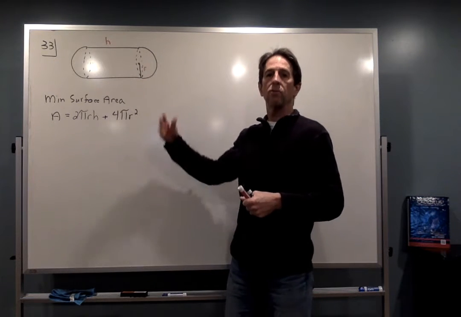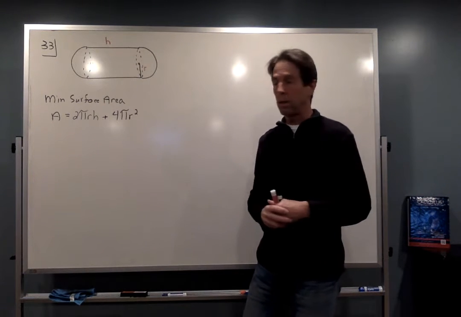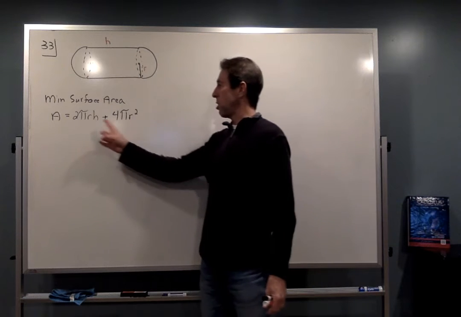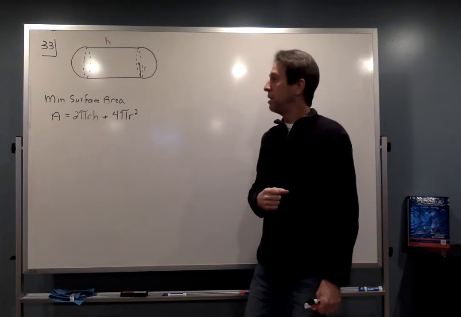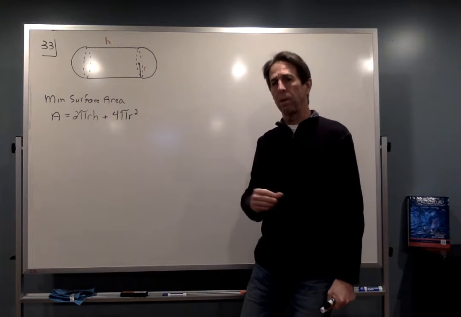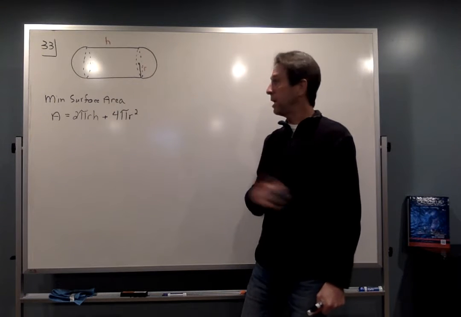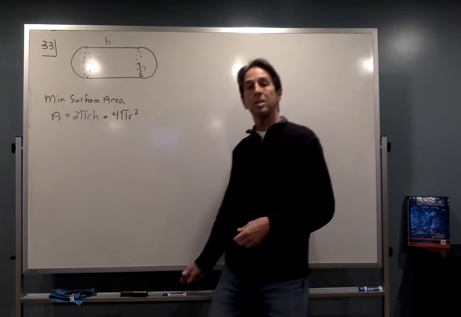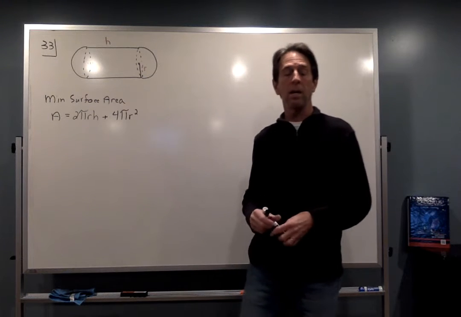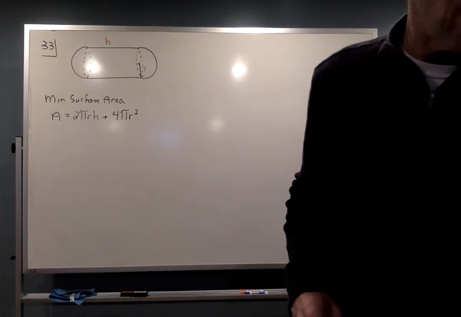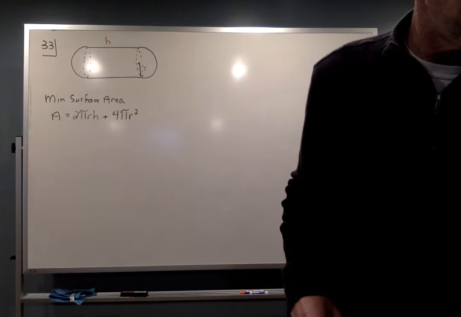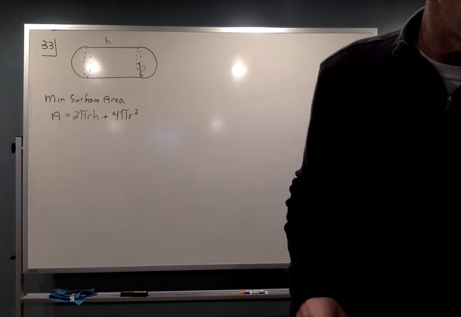So you look at that, you think, great, I've got what I call my primary equation. I have to find the derivative, set it equal to 0, and do all of our max-min theory. However, we see an r and an h. I don't want that. Now, we do want to find the r that creates the minimum surface area, so I want to get rid of the h. And this is where a secondary equation comes into play. We are told that the volume of this thing is 14, I believe.